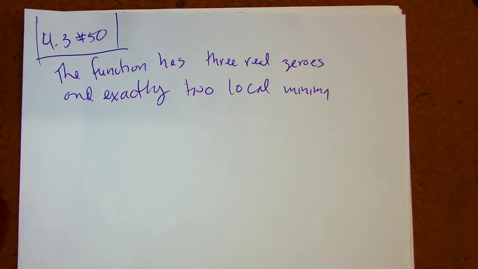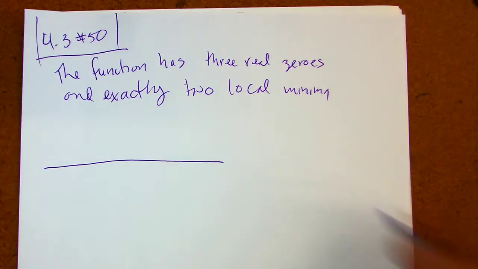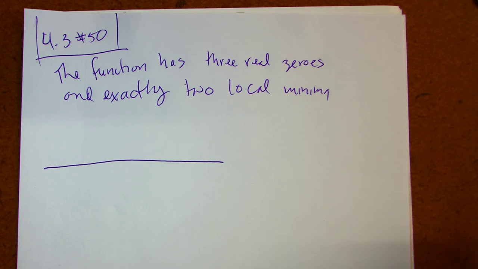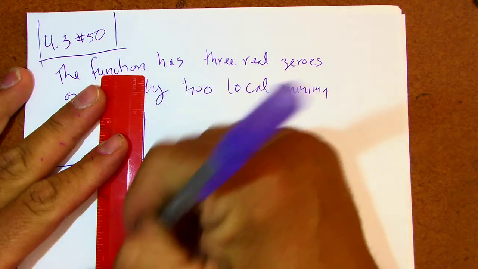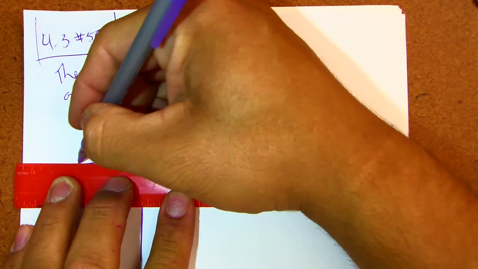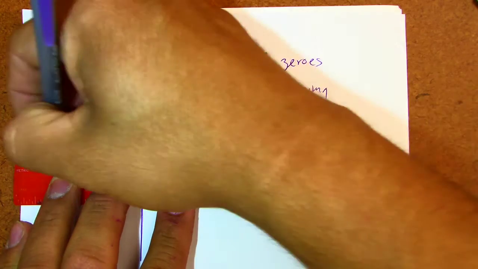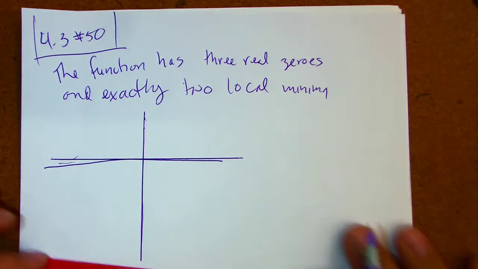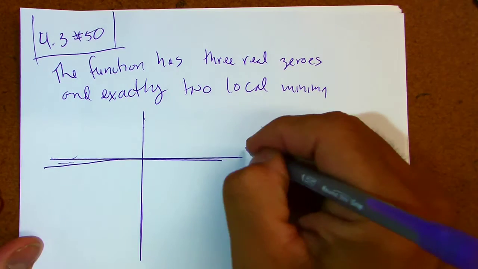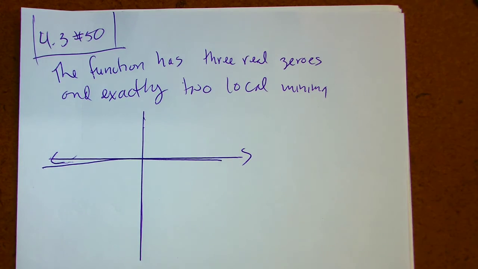All right. So if we think of what this could possibly look like, all right. That's my ruler here. So something like this.